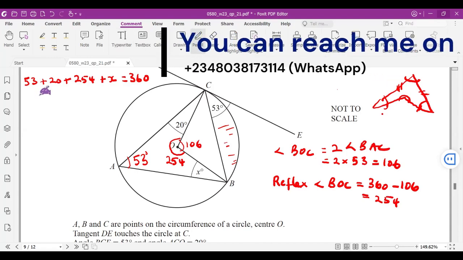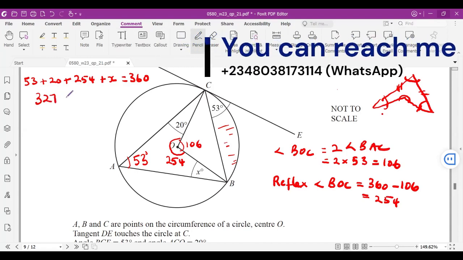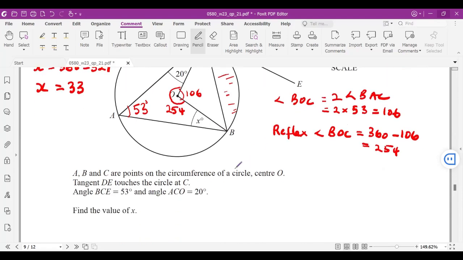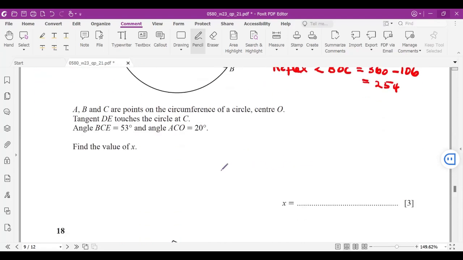So this gives us 327 plus X equals 360. So X is 360 minus 327, which gives us 33 degrees. So we've been able to get the value of X. From here, we've seen that X is 33 degrees.